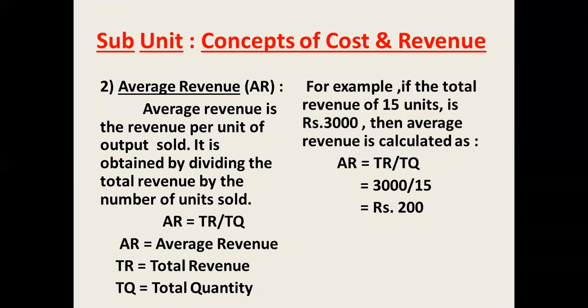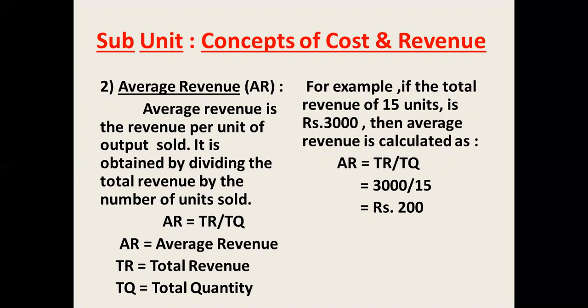And you know the AR means the average revenue. TR means the total revenue, and the total revenue is 3000 rupees, meaning how much he has earned, or the income of that firm. So 3000 divided by 15. The result is 200 rupees, meaning the per unit revenue is 200.